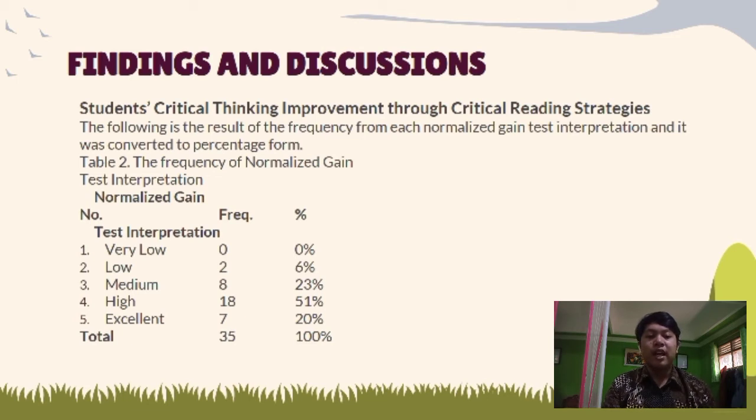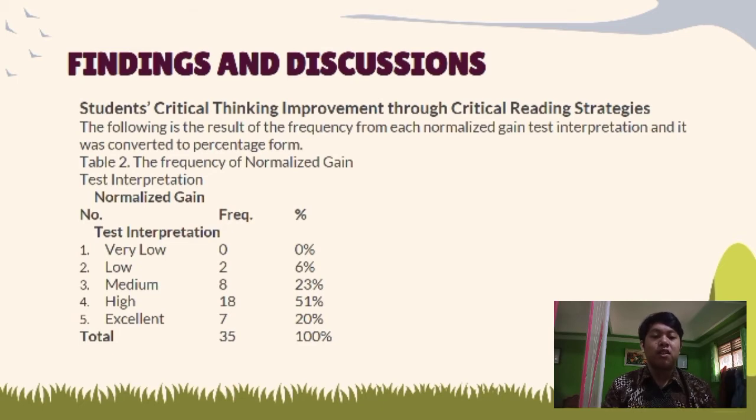The rest are 8 students who acquired medium interpretation, or 23%, 7 students acquired excellent interpretation, or 21%, and 2 students acquired low interpretation, that is 6%. And no one acquired very low interpretation, or 0%.